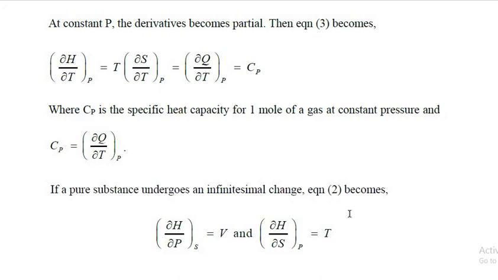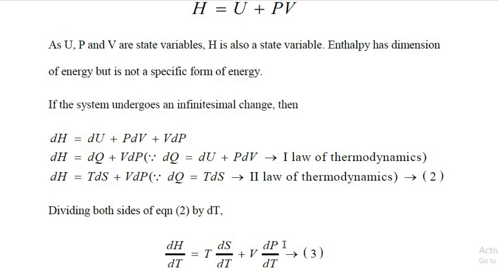Fine. Hope you understood how to write this. So we have to make the derivatives constant. So in this we have entropy dS and dP. So we will consider when the pressure is constant. So the second term will become 0. We will have only dH is equal to T into dS.